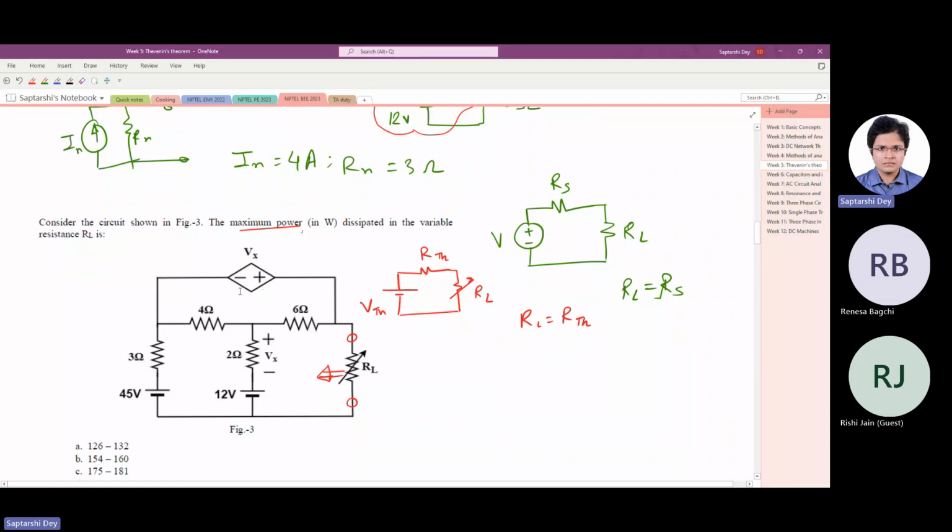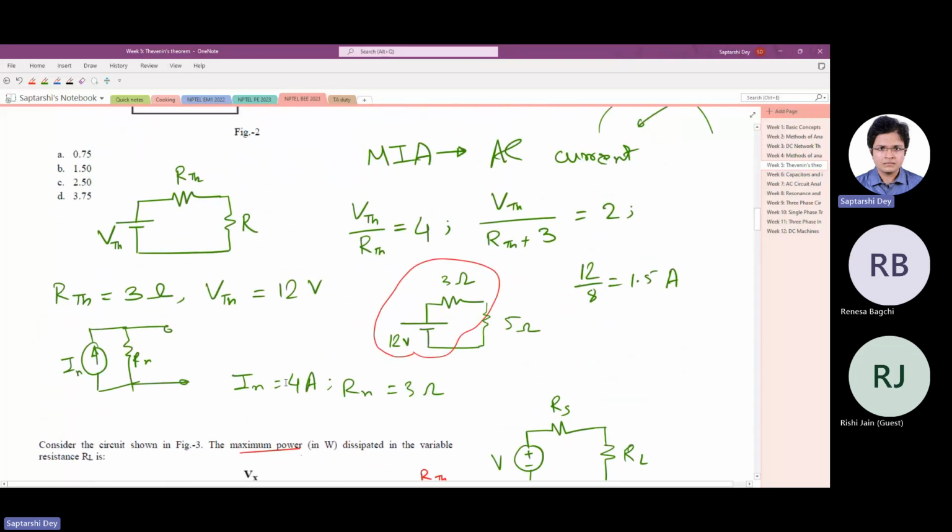So when there is dependent sources, voltage or current sources, you cannot find out the resistance by disabling the sources. Why? What we do while finding the Norton or Thevenin resistance, we replace the voltage sources with short circuit, and we replace the current sources with open circuit. Now, okay, let us keep the problem here.